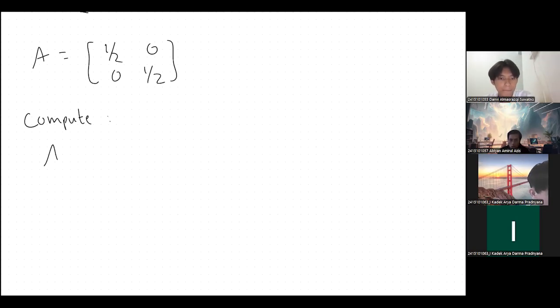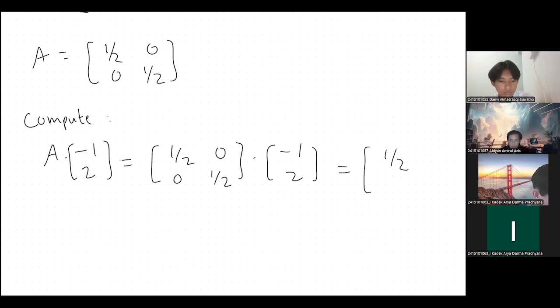We use, for example, A equals to, we change the value of k to become this. After that, we compute the value of this vector A, minus 1 and 2, multiplied with the scalar matrix: 1 over 2 times minus 1 plus 0 times 2, 0 times minus 1 plus 1 over 2 times 2.